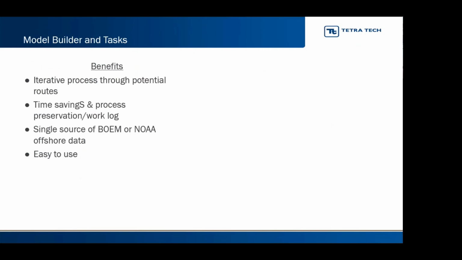So the first tool that we use for managing the process is Model Builder and Task. And this came about because, well, it's been a similar process with other renewable projects, with a solar site or with any kind of wind site, there's any number of revisions to the actual site.